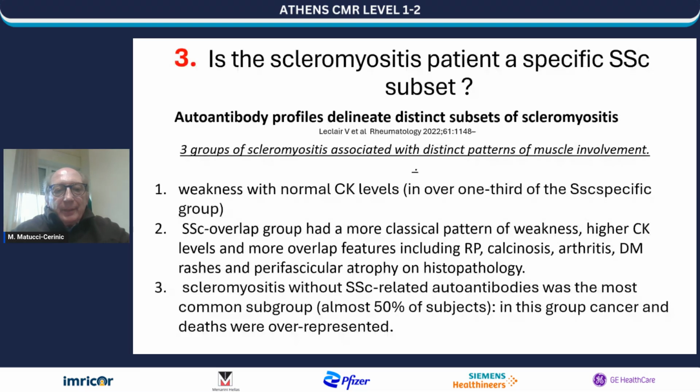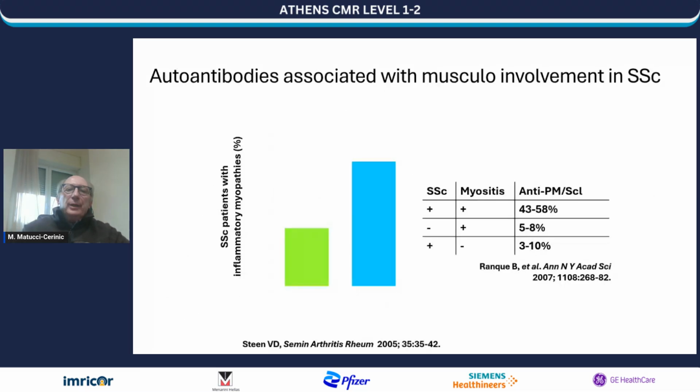But we know that the association is very, very important. You see in this slide, this is work of many years ago, but it's telling us that up to almost 60% of these patients can have the specific anti-PM-Scl antibody, which characterizes a specific subset different from the others.